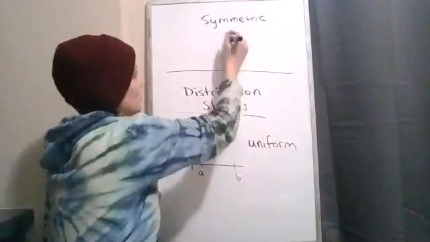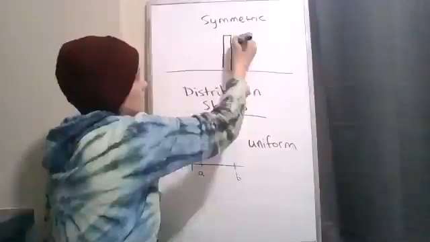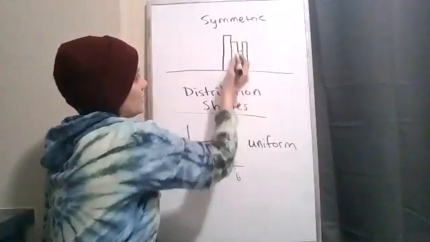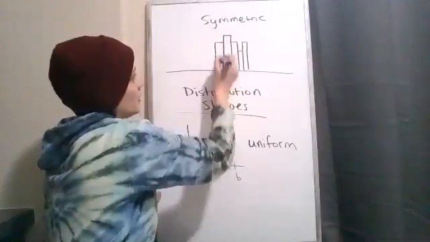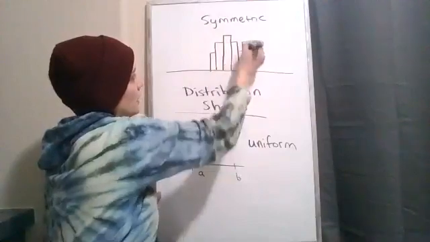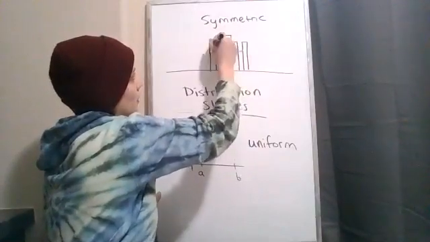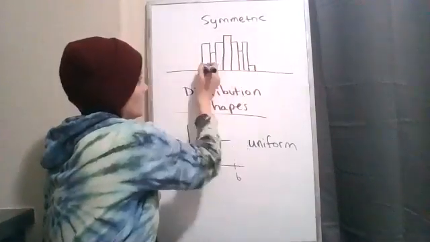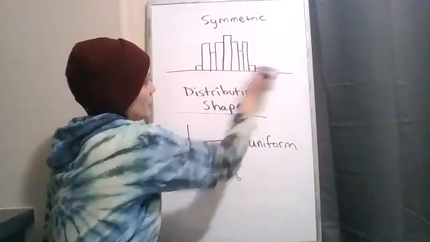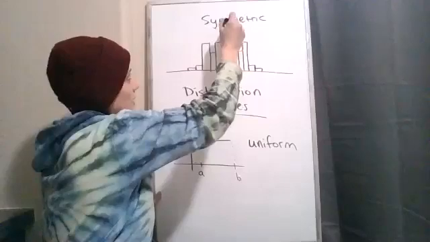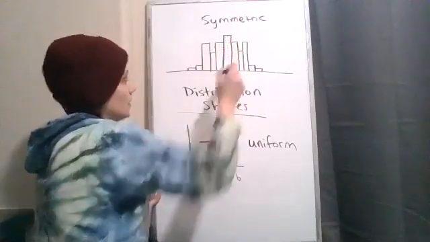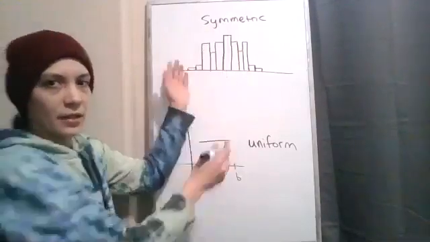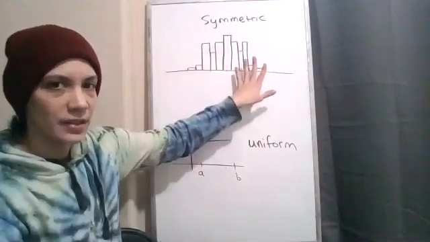So say your histogram goes like this, and then goes over, back up, and we'll go down. The spot in the middle we'll call the axis of symmetry, where this side is a mirror image of the other side.